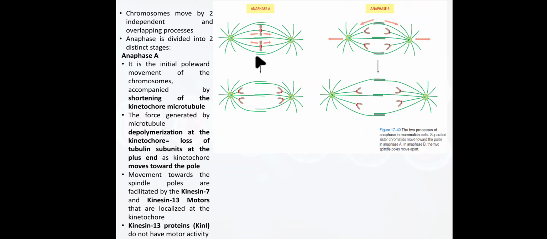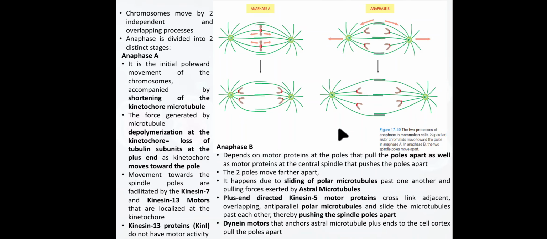Movement towards the spindle poles is facilitated by kinesin 7 and kinesin 13 motors that are localized at the kinetochore. Kinesin 13 proteins do not have motor activity, while anaphase B depends on motor proteins at the poles that pull the poles apart, as well as motor proteins at the central spindle that push the poles apart.